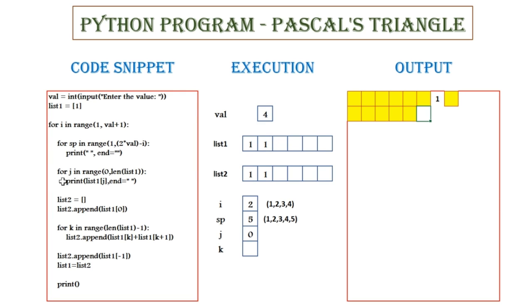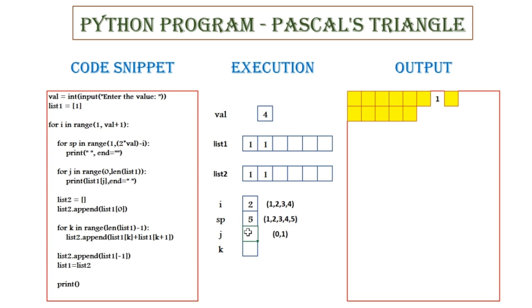So here we have for j in range of 0, len of list 1. The value of list 1 is now holding two values. So the length of this particular list is 2. So it is going to be range of 0, 2, which means range of 0, 1. So the value of j is going to be 0, 1.